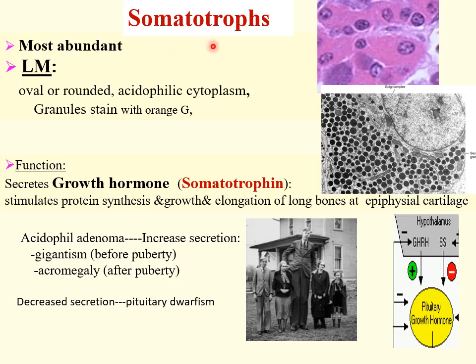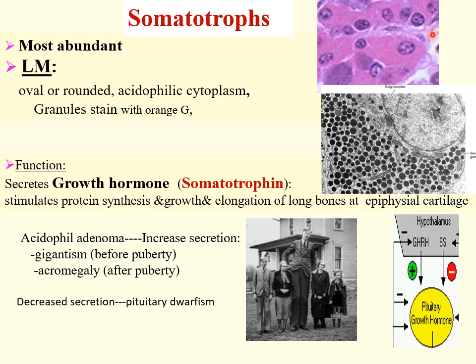Somatotrophs. These cells are the most abundant cells in the pars distalis, or acidophils. By light microscope, these cells appear rounded with acidophilic cytoplasm, and the granules are stained by acidic stains or appear orangey.